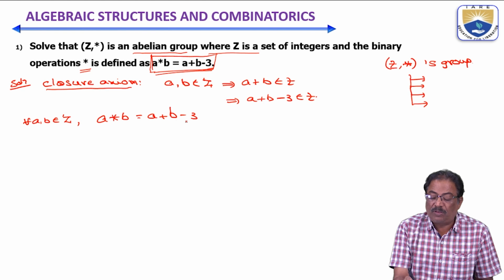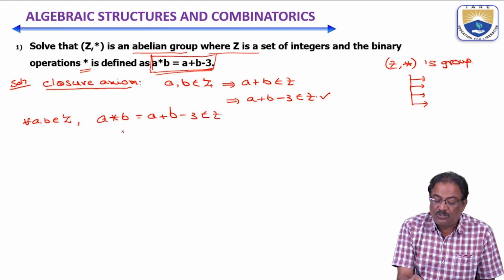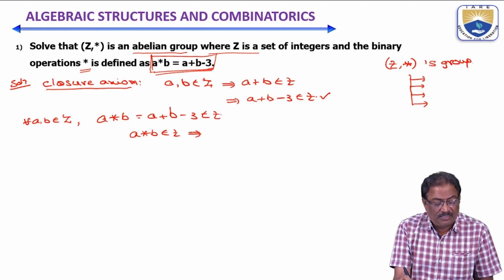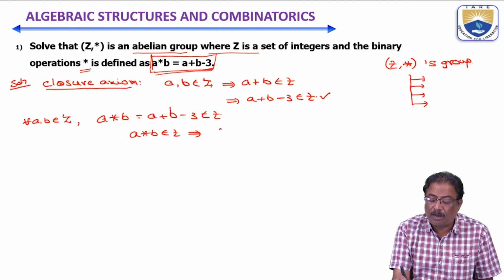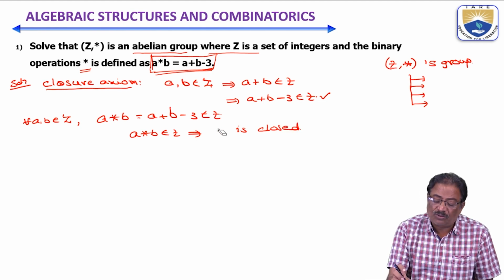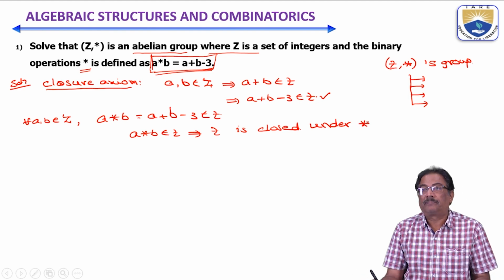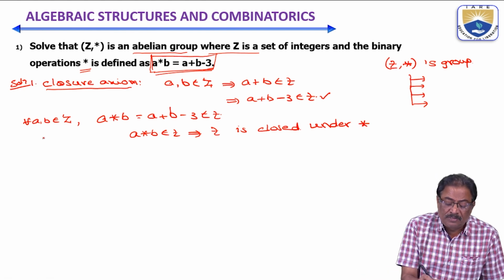Already we said that A plus B minus 3 belongs to Z. So that means A star B belongs to Z. This implies that the binary operation is closed, or we can say that Z is closed under the binary operation star. And this is the first axiom, and the second axiom is the associative property.